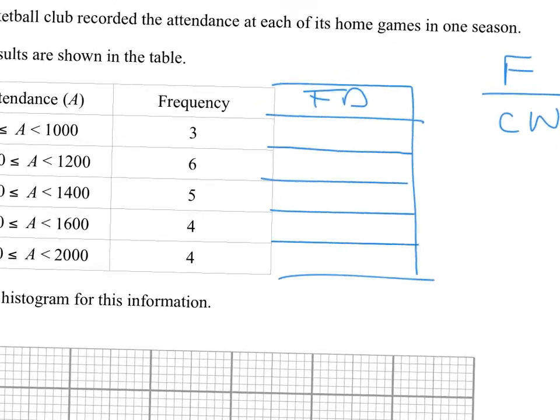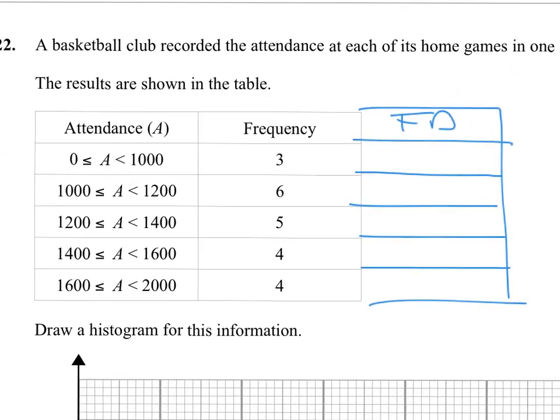So frequency is 3, and 3 divided by 1000 gives me 0.003. The next one, 6 divided by what's the class width for this one? 1000 to 1200 is 200, so 6 divided by 200 will give me 0.03.